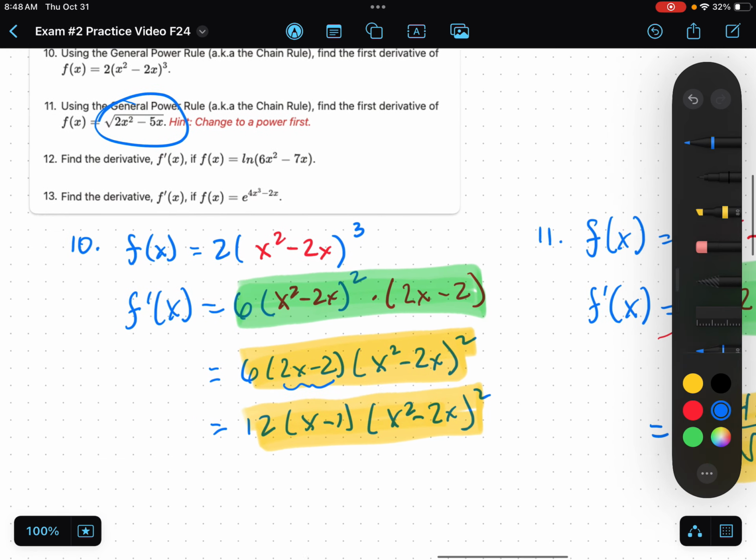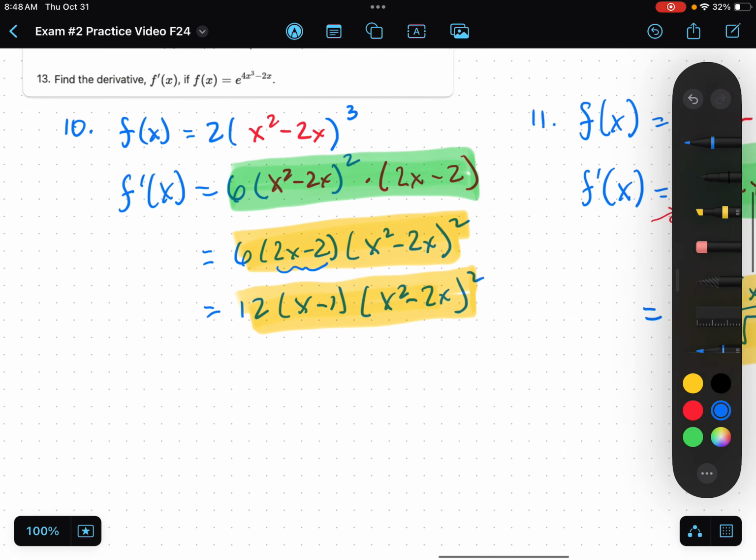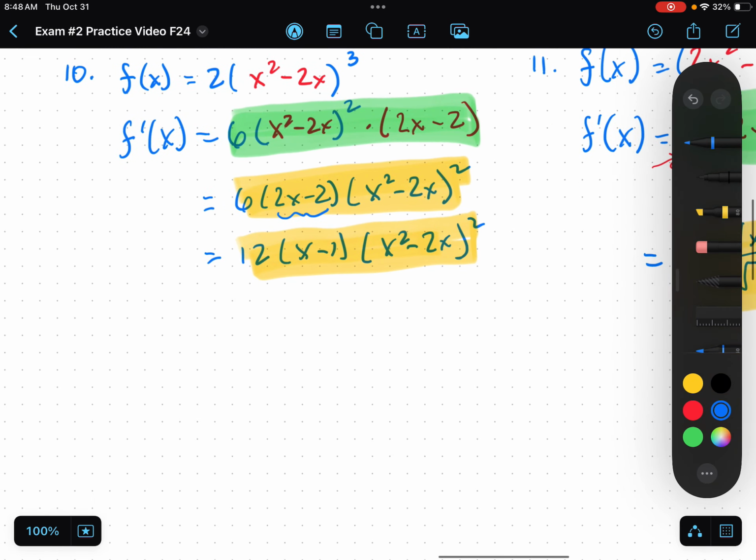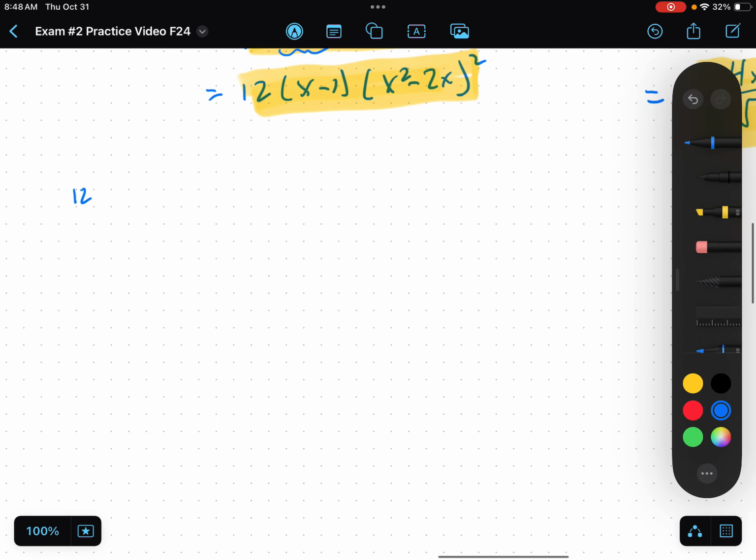In number 12, we're doing a composition that involves a natural log. I'll just write that one here. I'll scoot this up so you can see it. So it starts out as the natural log of 6x squared minus 7x.